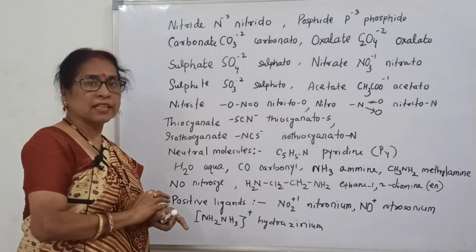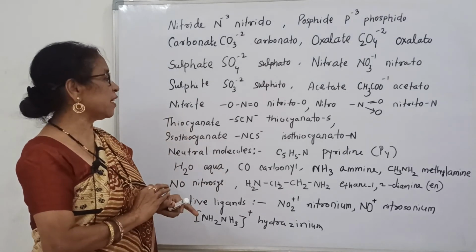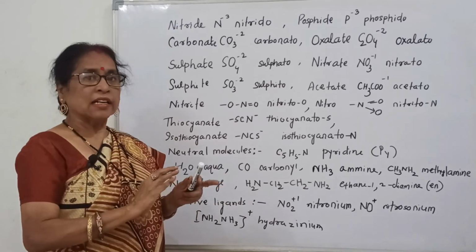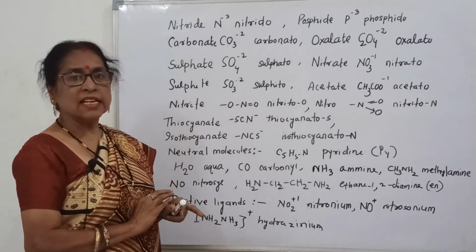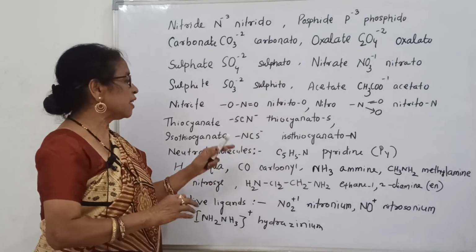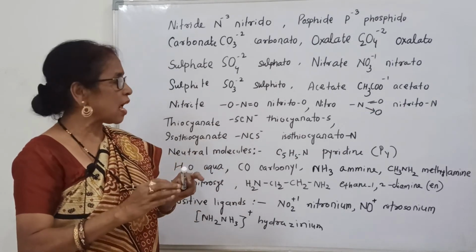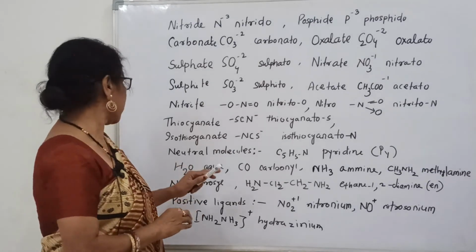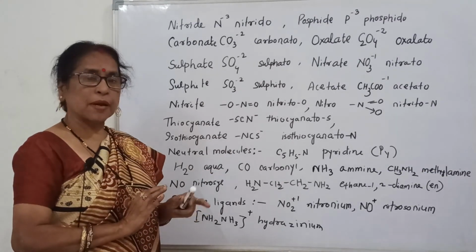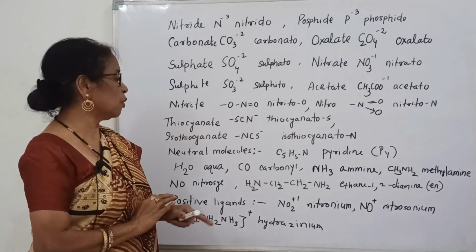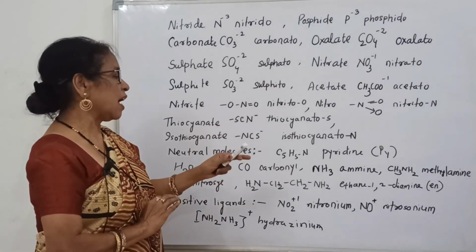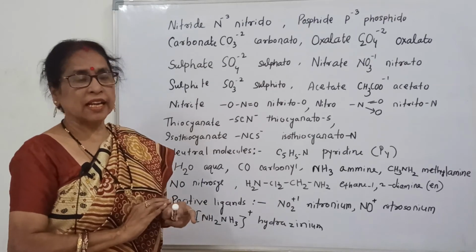Thiocyanate, if sulfur is attached to the central metal atom, thiocyanato-S. Isothiocyanate NCS minus 1, that means here isothiocyanato-N. Neutral molecule C5H5N, that is called pyridine. H2O aqua, CO carbonyl, NH3 ammine, and CH3NH2 methylamine.